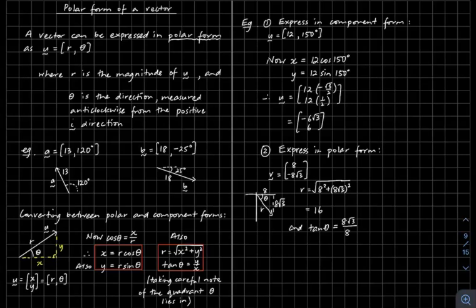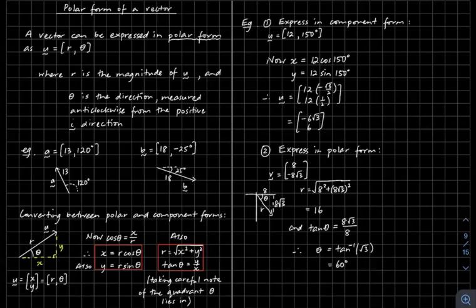Alright, so that's tan theta, and so therefore theta is going to be equal to the inverse tan of root 3. It simplifies too, doesn't it? So inverse tan of root 3 is equal to 60.